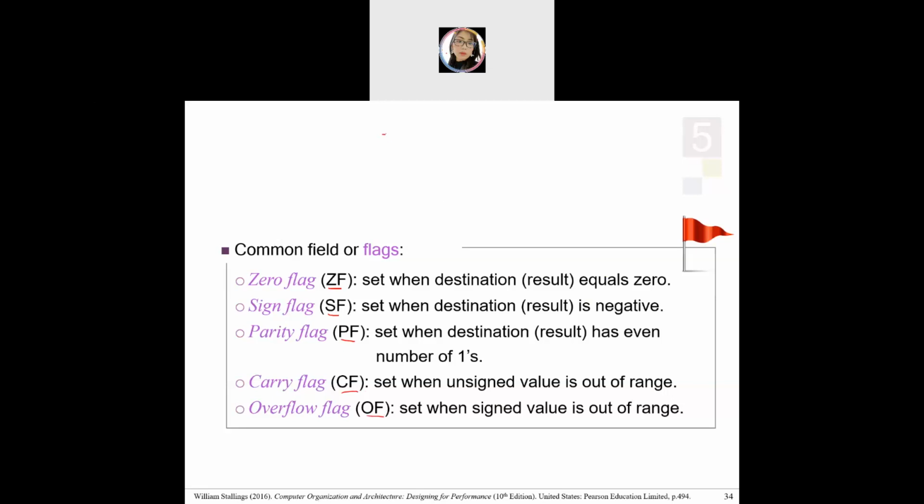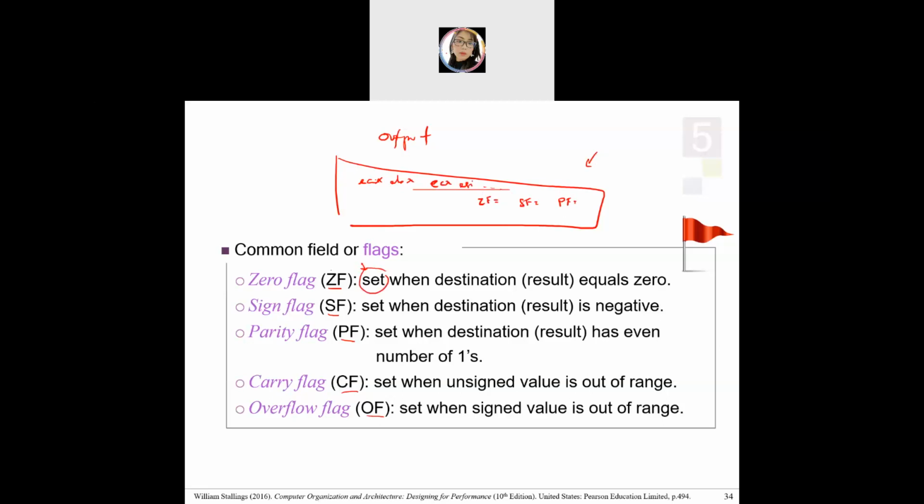So whenever you have the output, you have the set of registers EAX, EBX, ECX, ESI, and so on, and you can see flags like ZF, SF. It depends on the functions of the program that you have written. Do you still remember what is meant by set in the geometry subject? It is going to be 1 when the destination result equals 0, otherwise you are going to have 0.